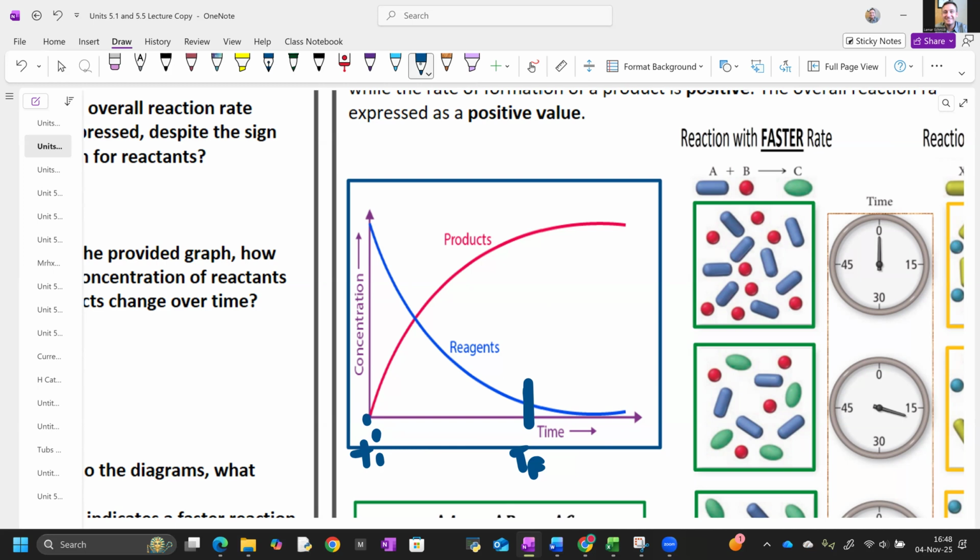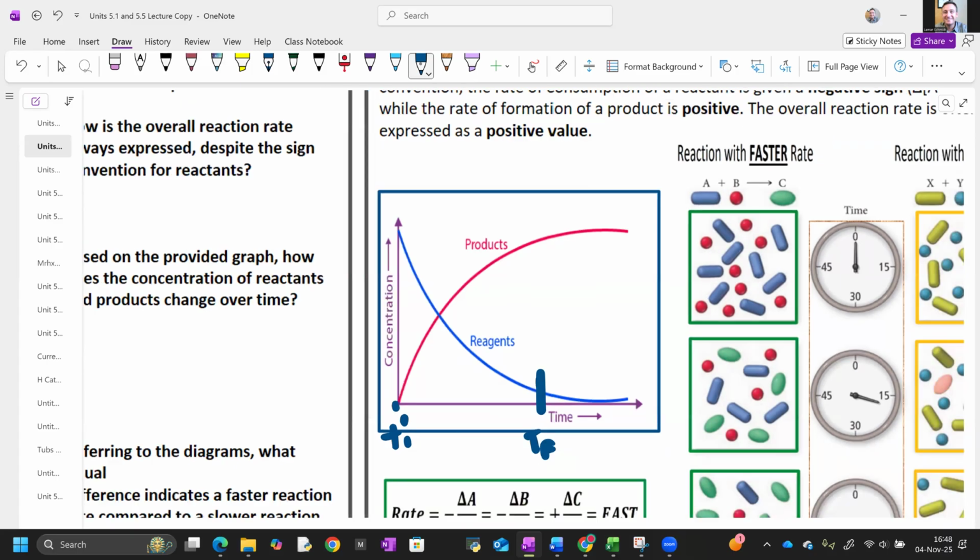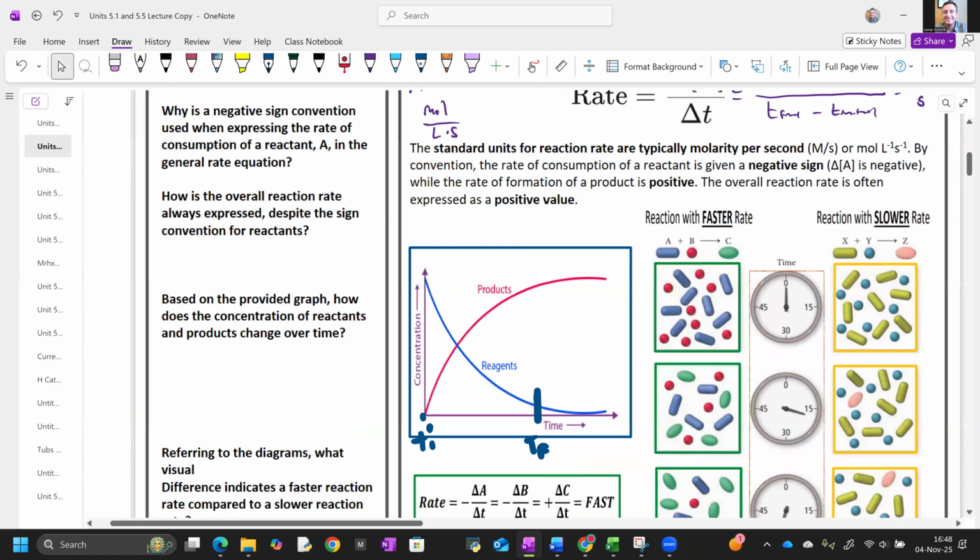And so if we take a value that is smaller and subtract a larger value, we're going to end up with a negative value. So when we're looking at a reactant, the change is often going to have a negative sign because the concentration of the reactant is decreasing as the reaction moves forward. All right, and we're going to see that when we write our rate expressions as well.